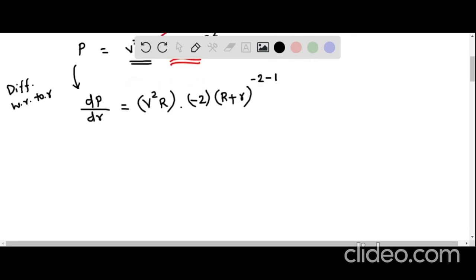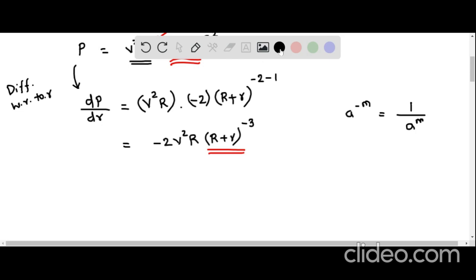So we can simplify this. Therefore this equals minus 2 v squared R, times (R plus r) raised to the power of minus 2 minus 1, which is minus 3. Now we can rewrite this expression once again using the exponent law, a raised to the power of minus m equals 1 over a raised to the power of positive m.